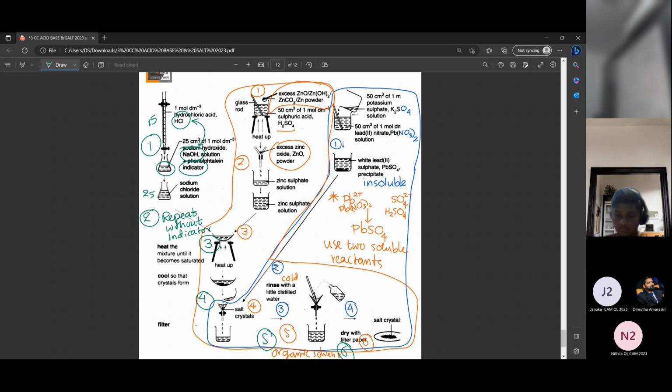So measure the volume. The conical flask contains sodium hydroxide. You can explain, but you can't copy the answer.